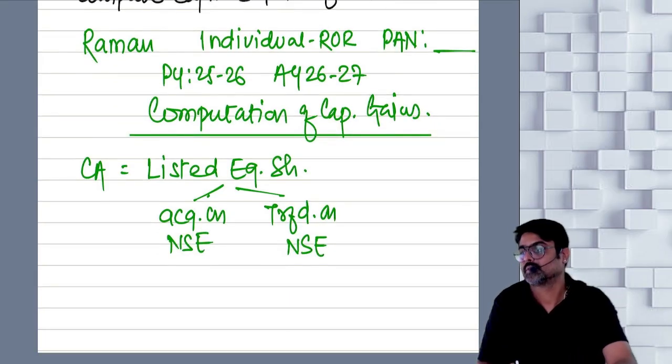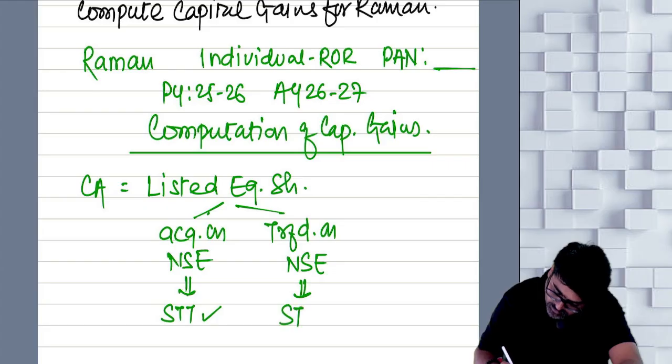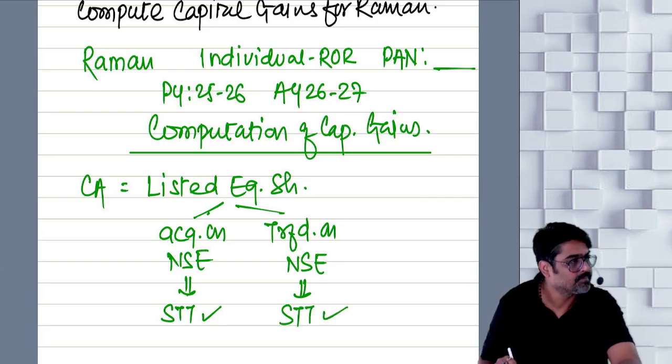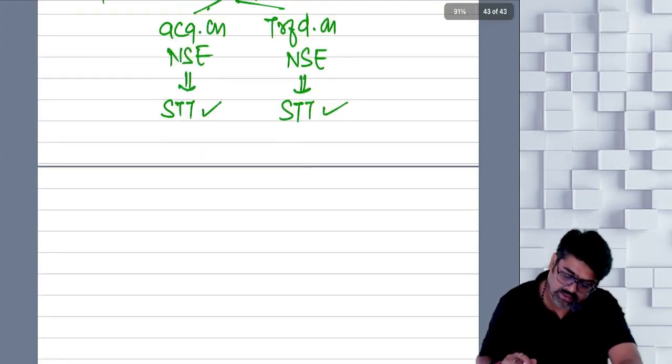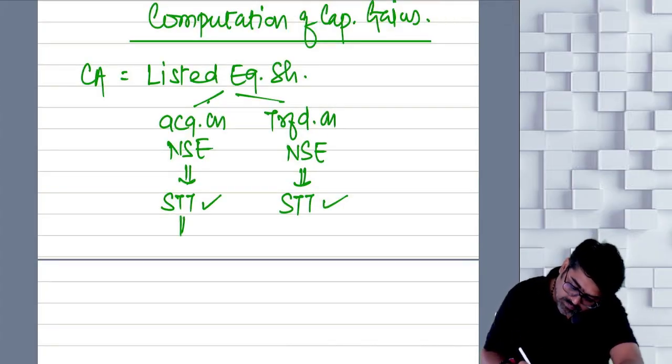And at the time of acquisition as well as on transfer, at both the times STT must be paid. STT is paid? Yes. Okay. Now tell me, these listed equity shares are acquired on what date?